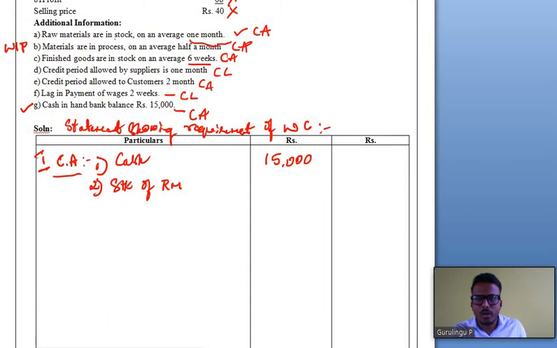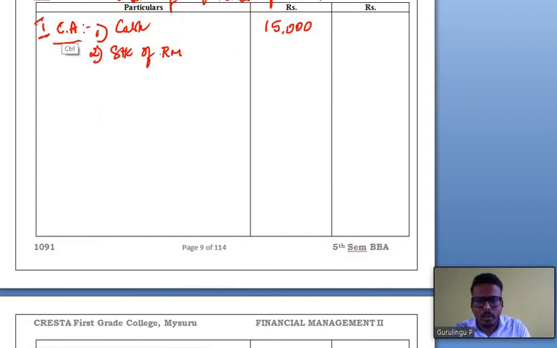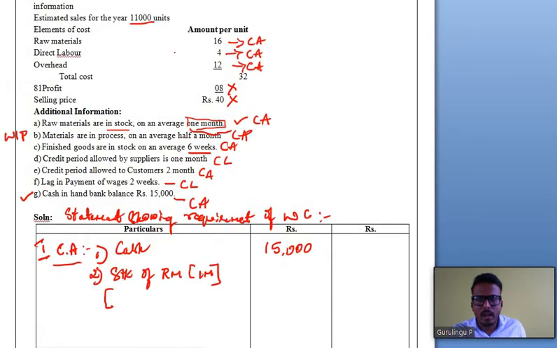So what is the number of units given in the question? See in the question they have given 11,000 units. So we have to take 11,000 units first, into per item raw material cost, which is 16 rupees.